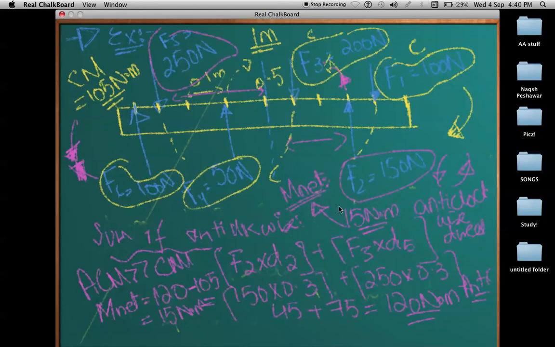Even if there are hundreds of forces here, we would find the sum of the clockwise moments first and then the sum of the anti-clockwise moments. We'll see which one is bigger, and from that we will determine the direction in which the plank would move. And to find the magnitude of the M net, we'll just subtract the two values and we'll get the net moment of the system.